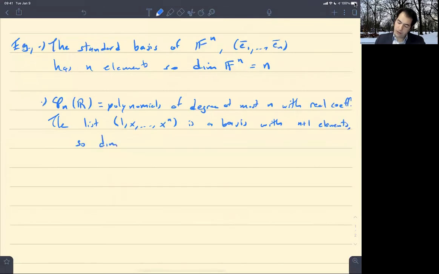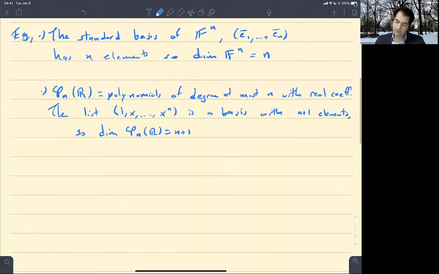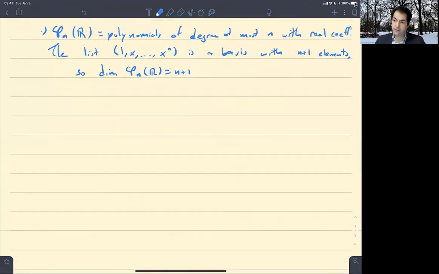So the dimension of Pn(R) is n plus 1. Polynomials of degree at most n form a vector space of dimension n plus 1.